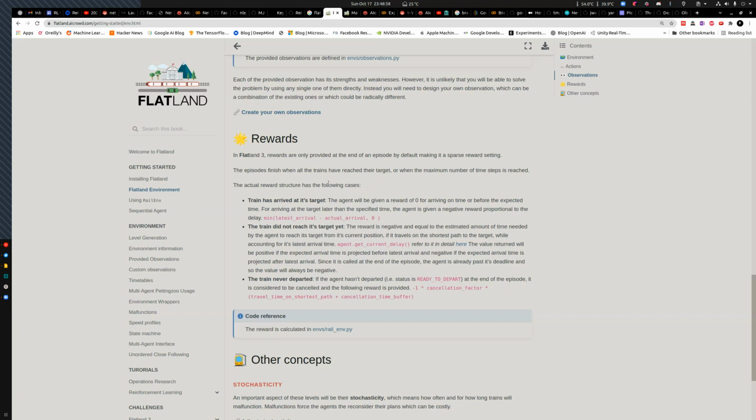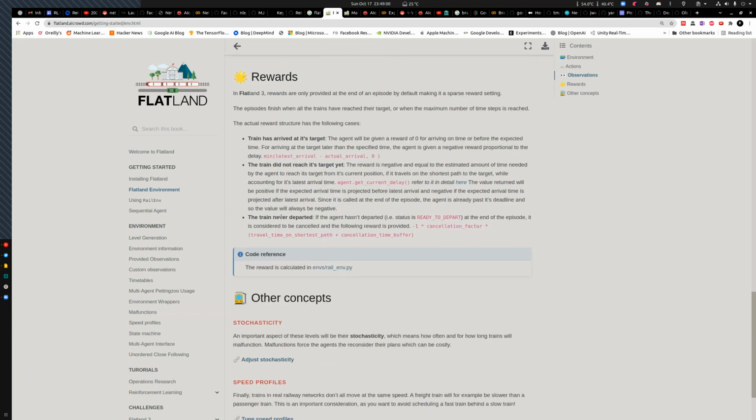If the train never departed, this is considered cancelled. There are other factors too, as we will see.